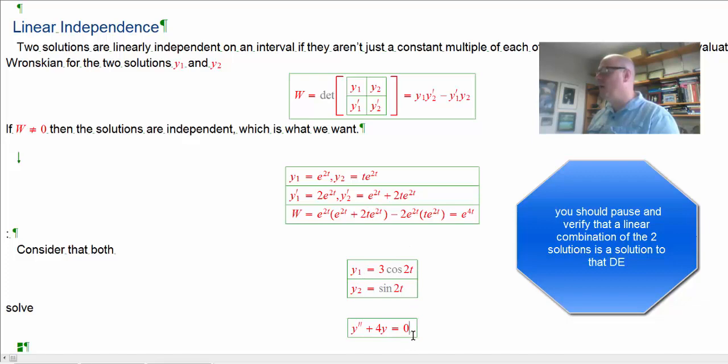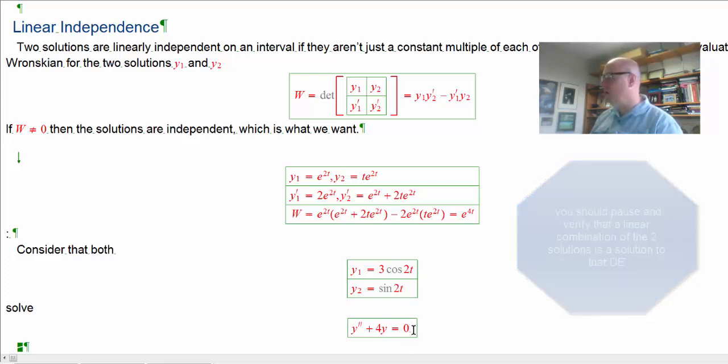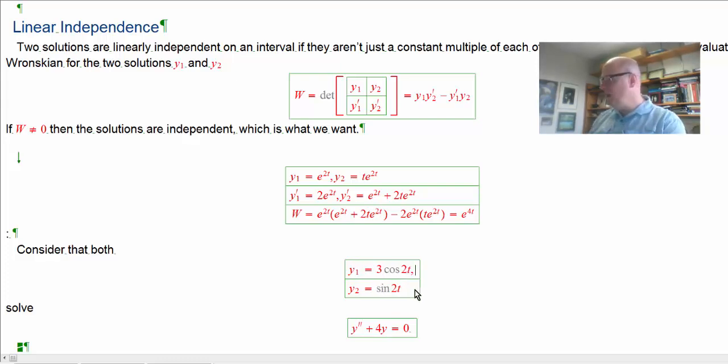Do the same thing for y2. They're both solutions, so we know a linear combination of those two solutions is also a solution. But what I want to do is show that these two solutions are independent. That's my question. So I need y1 prime and y2 prime here.